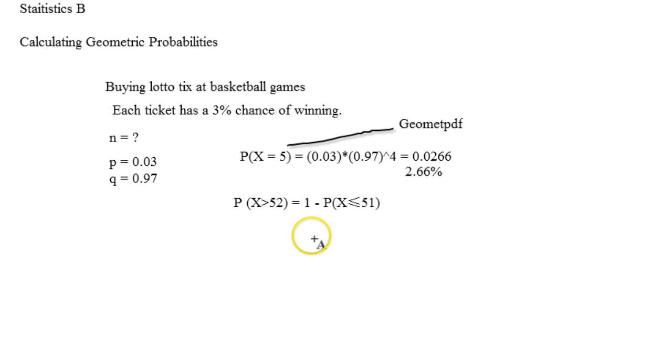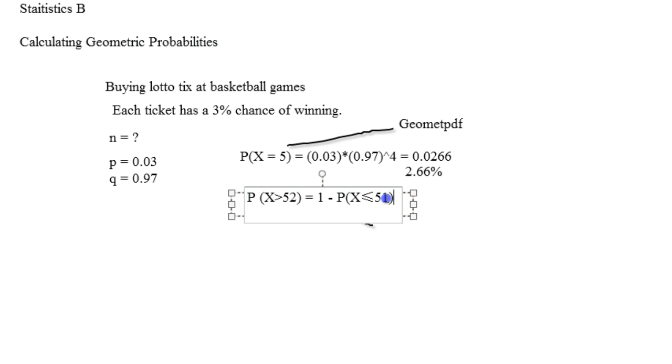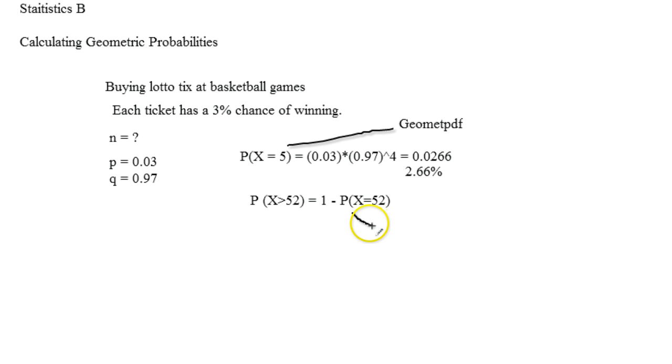Now this one down here, your calculation would be the same, except you would be using 52, and then you'd be subtracting from that. So let me actually take that back. It's going to be 1 minus, with x equals 52. So this will actually be the same one as well. I misspoke earlier when I was saying it was going to be less than or equal to.